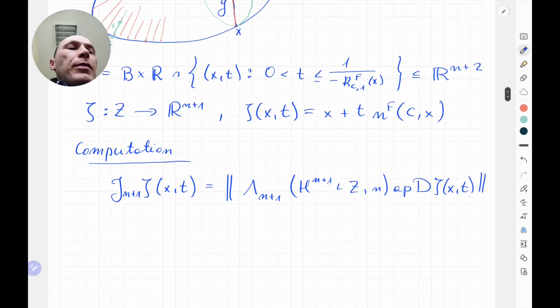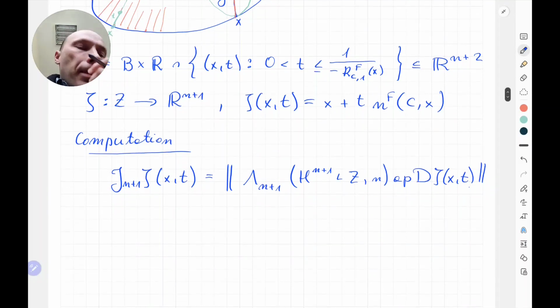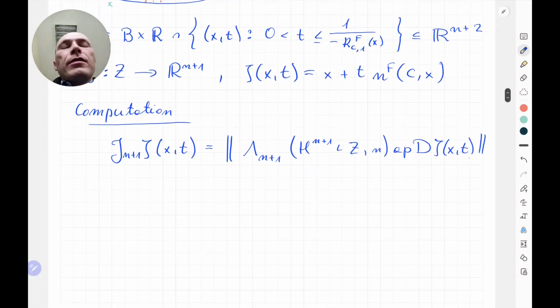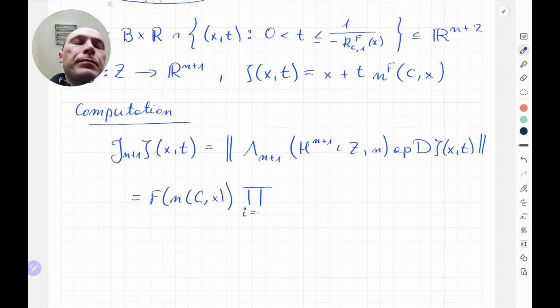So you take H^(n+1) on R^(n+2), restrict to Z, take the approximate derivative with respect to this measure, then take the exterior (n+1)-th power of this and the length, or maybe the operator norm, of this operator, and this is called the approximate Jacobian of zeta, and you can actually compute it. The formula is as follows. This is a product of these numbers, and you get principal curvatures in here.